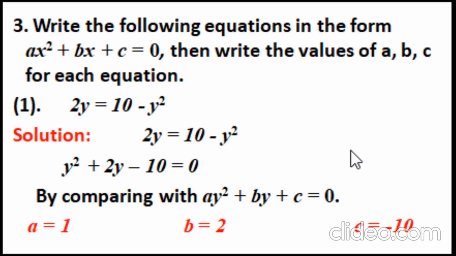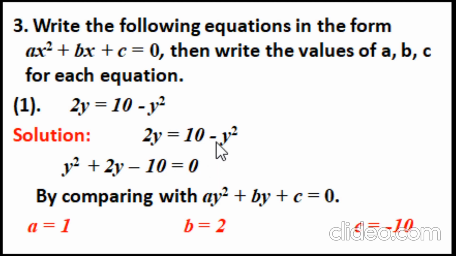Then question number 3, write the following equation in the form of ax square plus bx plus c is equal to 0. Then write the values of a, b and c. We have to write the values of a, b and c for each equation. Number 1, 2y is equal to 10 minus y square. Rearranging, we get y square plus 2y minus 10 is equal to 0.